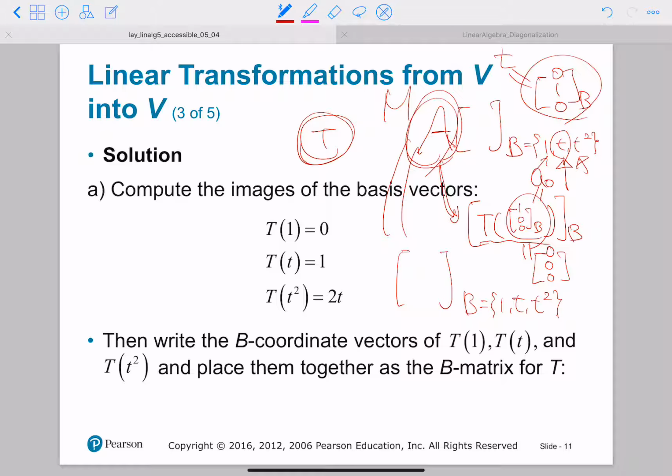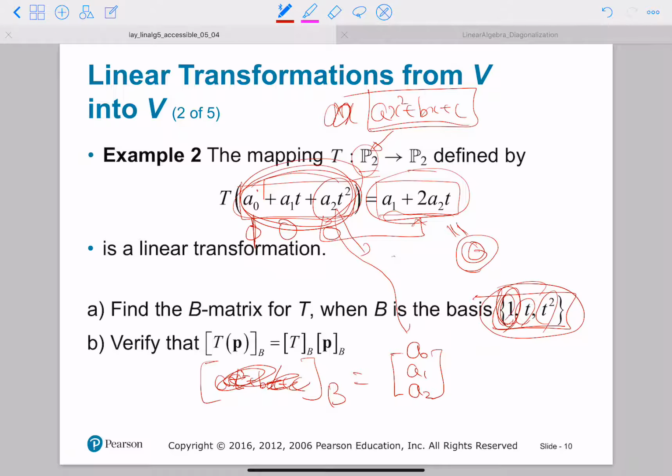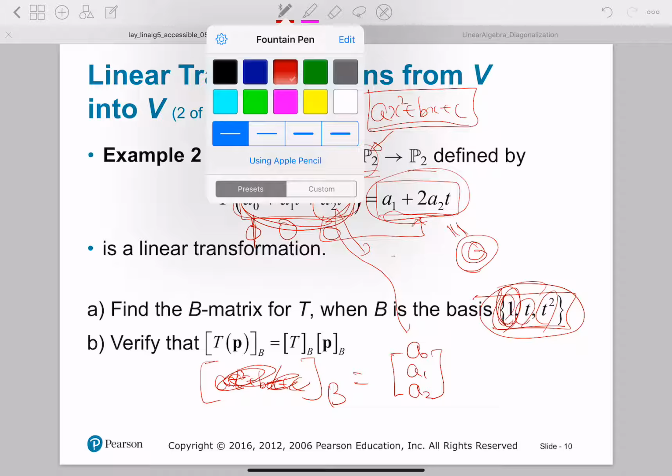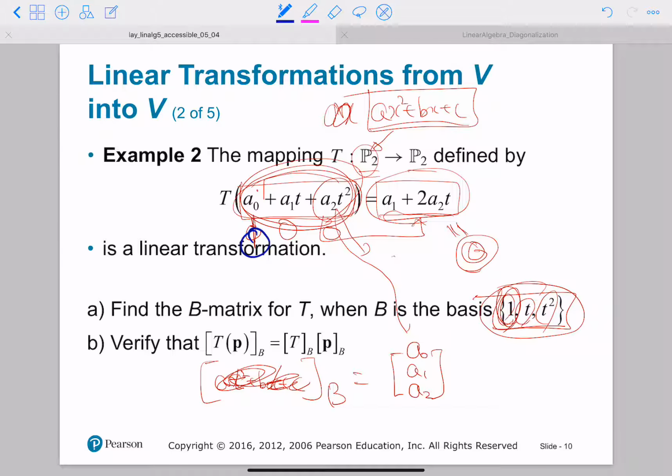And so in the case of t, here 0, 1, 0 over here. So in this case, it will be 1 and 0.